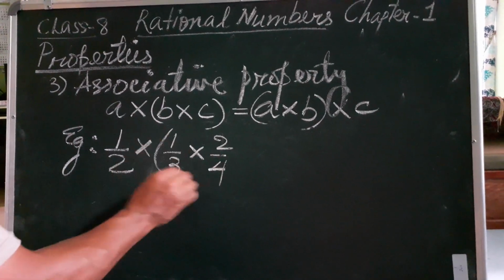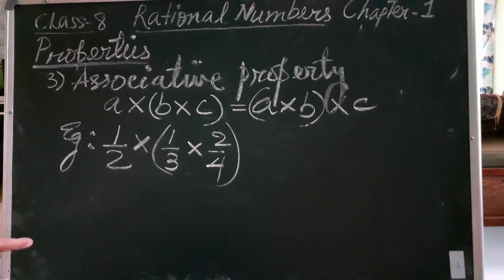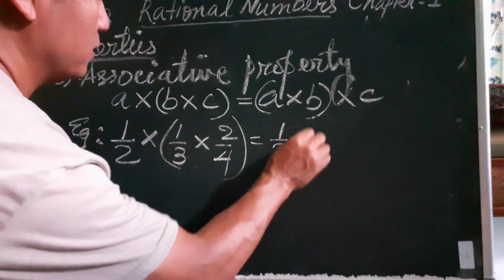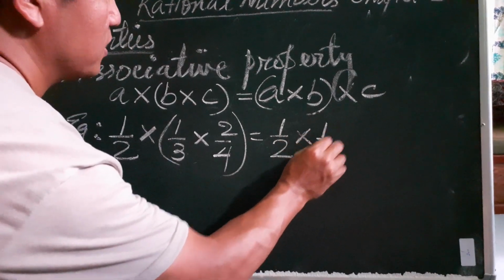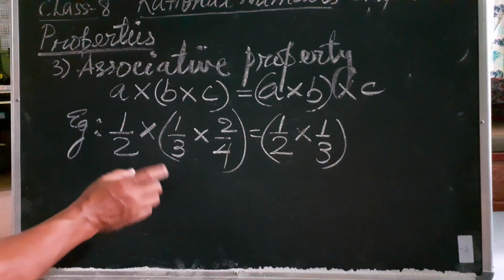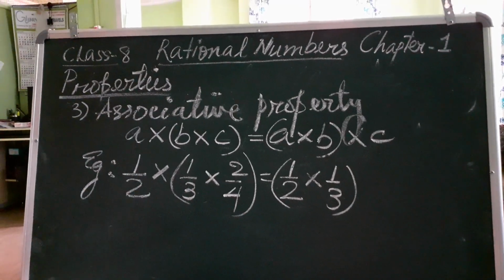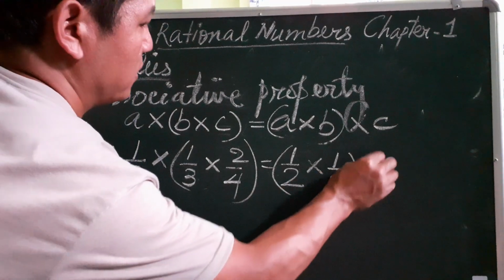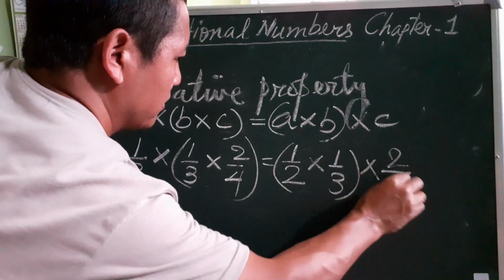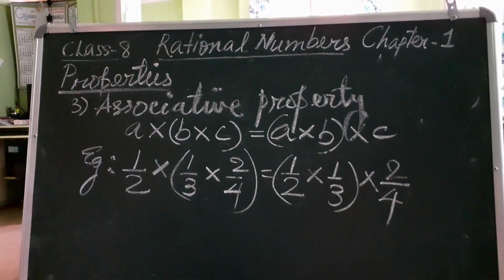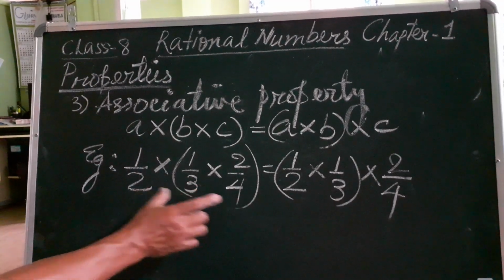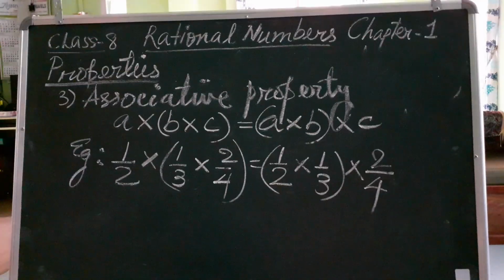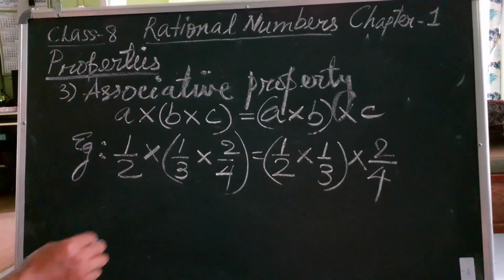Let us say 1 by 3 and 2 by 4 are grouped. In the other case, 1 by 2 and 1 by 3 are grouped, so we are changing the grouping of rational numbers, then into 2 by 4. If we change the grouping while multiplying, the product remains the same. Let us see with this example.